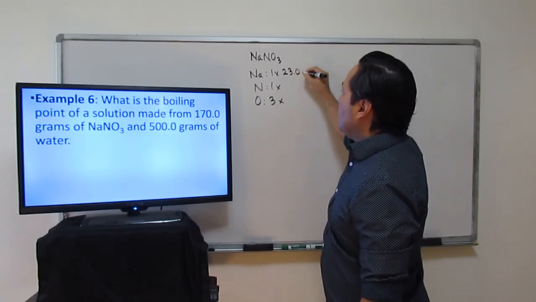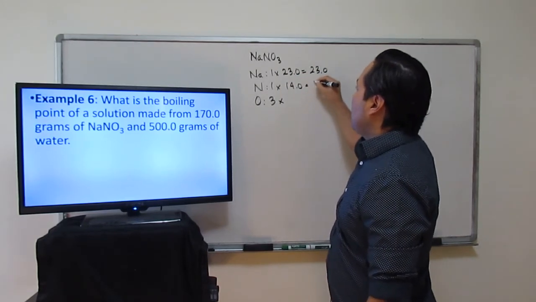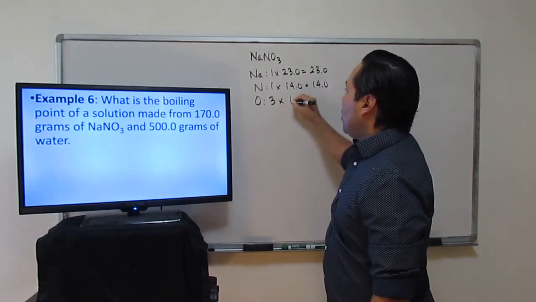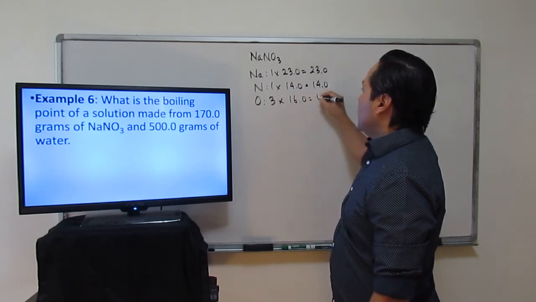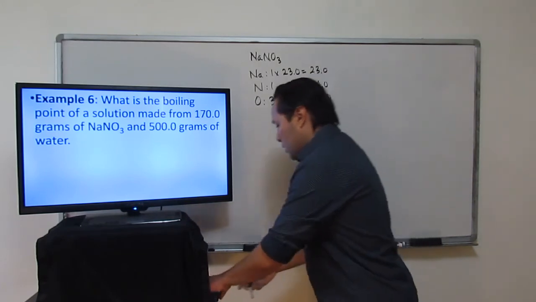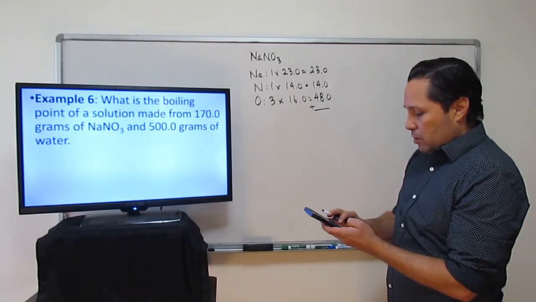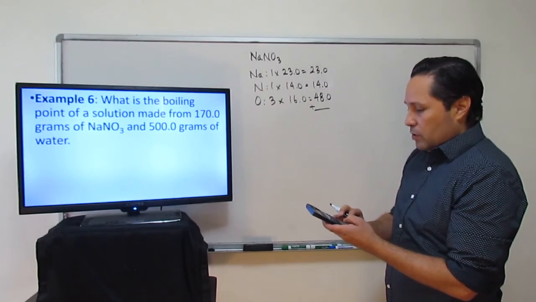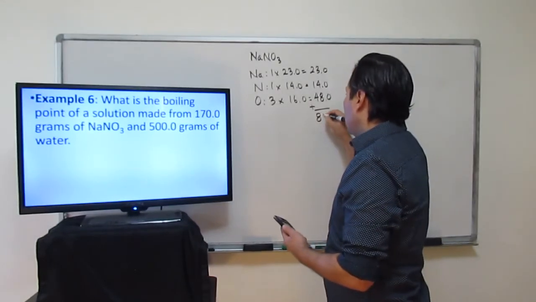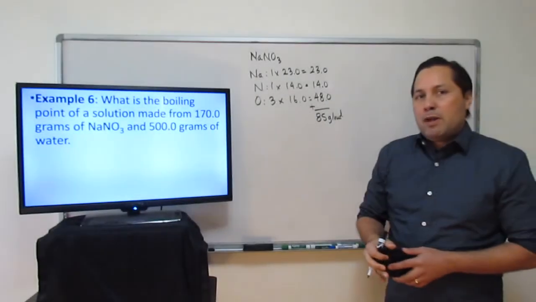Sodium's 23, nitrogen is 14, and oxygen is 16, so that's going to give us 48. Next, we add them all together, and we get 23 plus 14 plus 48 gives us 85 grams per mole. So I got the molar mass of the compound NaNO3.